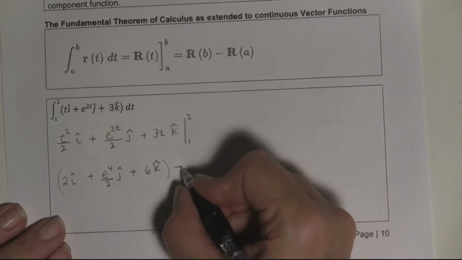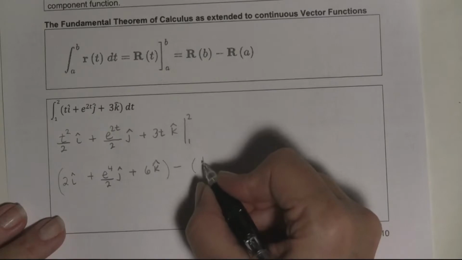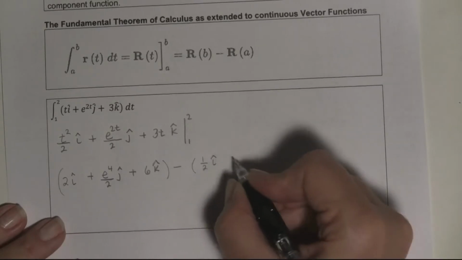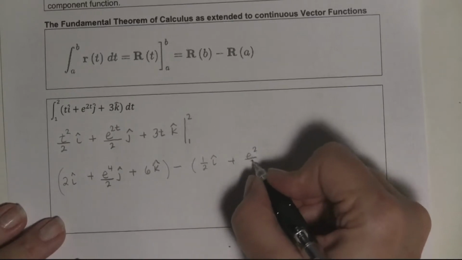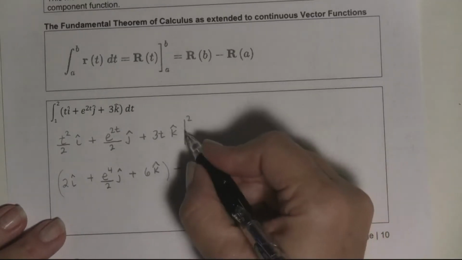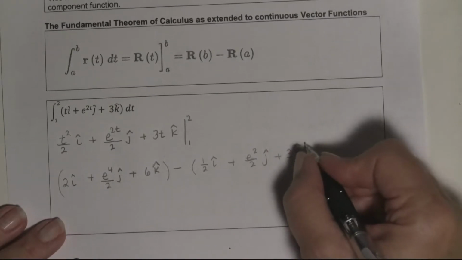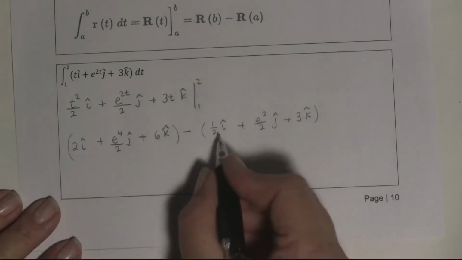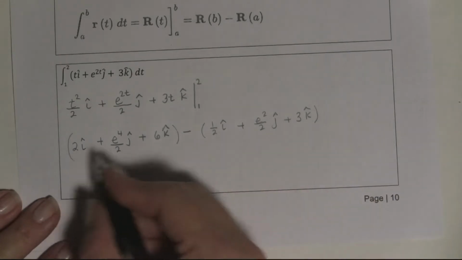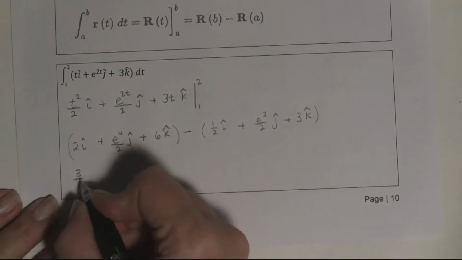Now I'm going to subtract, and I'm going to plug in 1 for t, so this is going to be 1 over 2 i, plus, when you put in 1, you get e to the second over 2 j. And when you plug in 1, you get plus 3k. When you do the subtraction, 2 take away a half is 3/2 i.